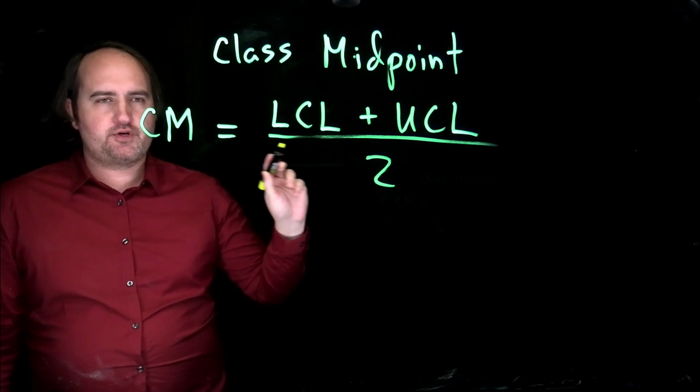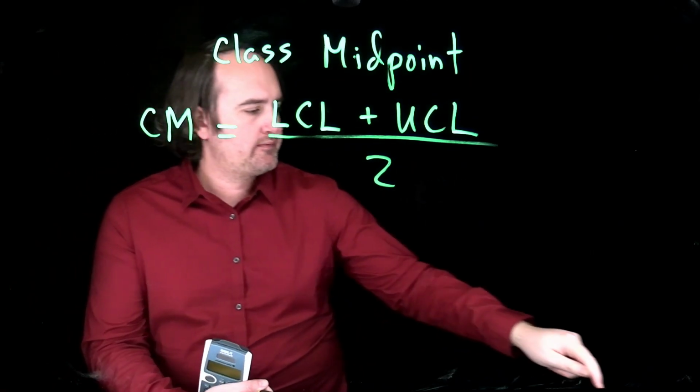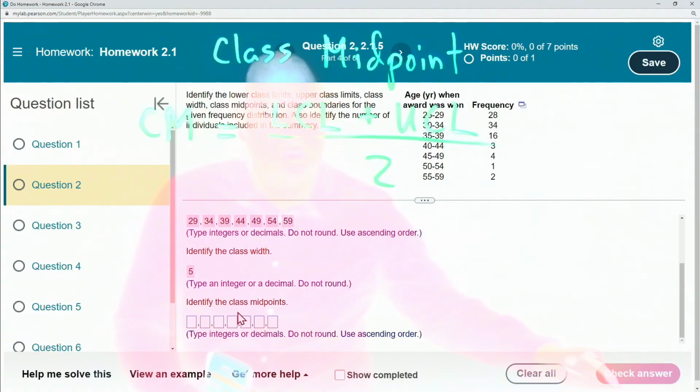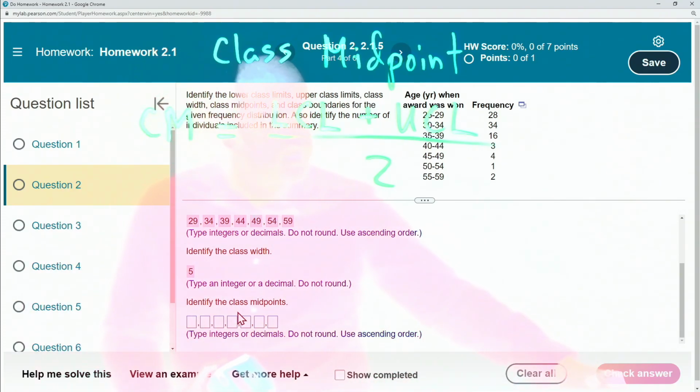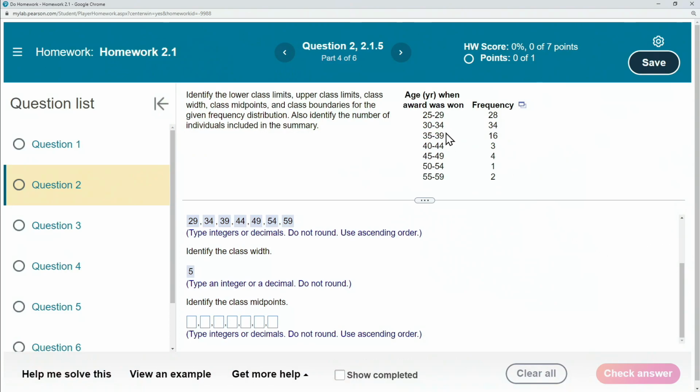So let's start with the first class here. Okay. So for the first class, we can see that the lower class limit is 25 and the upper class limit is 29. Remember, the first class is the same as the first row of our frequency table.